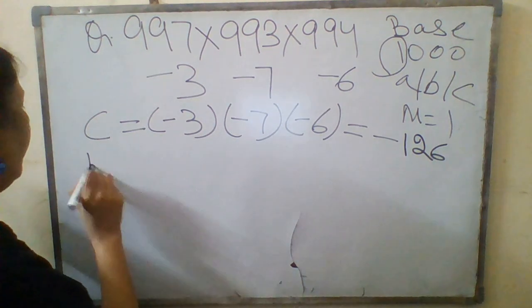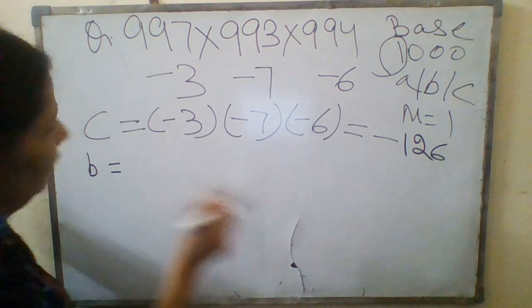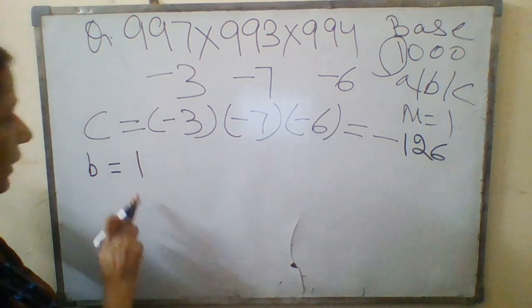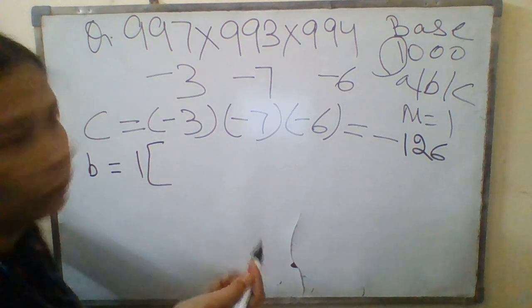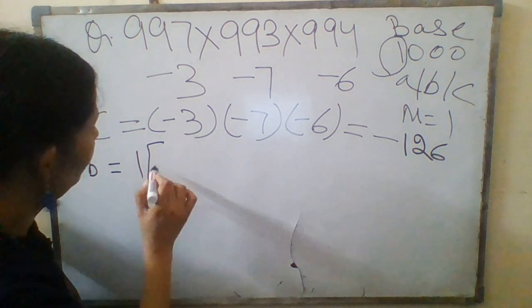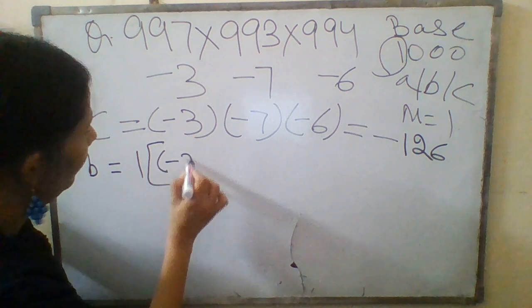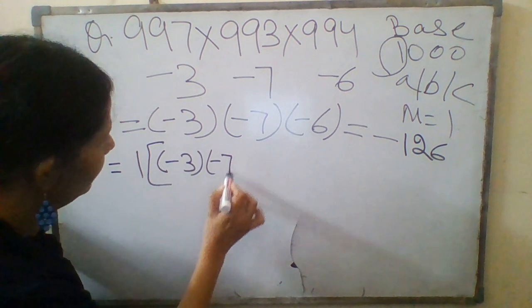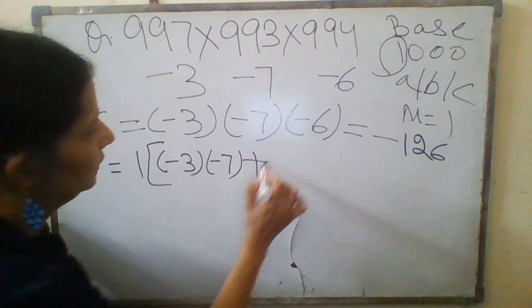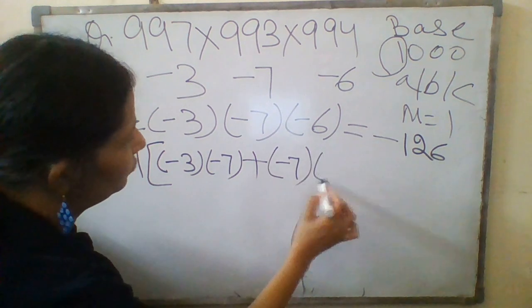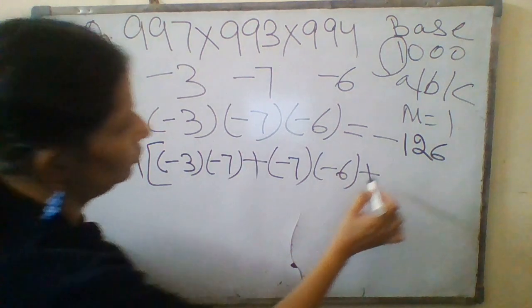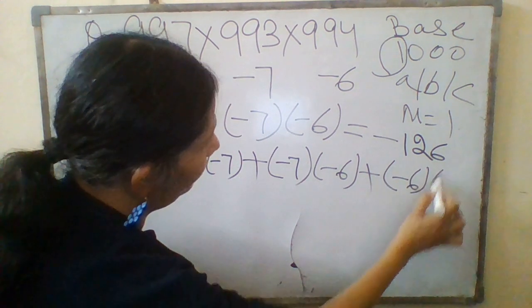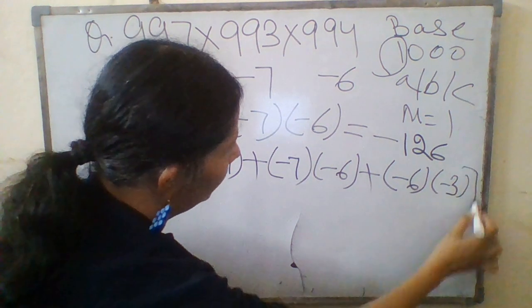Now see, you have to find out the value of B. So first write down the multiplier here and then in the big bracket, you have to multiply two terms. What are the first 2 terms? Minus 3 into minus 7, then plus, then minus 7 into minus 6, then plus, then next 2 terms are minus 6 and minus 3, bracket close.